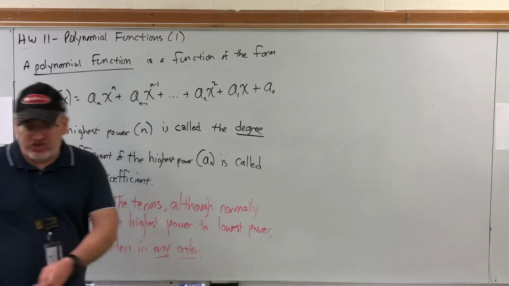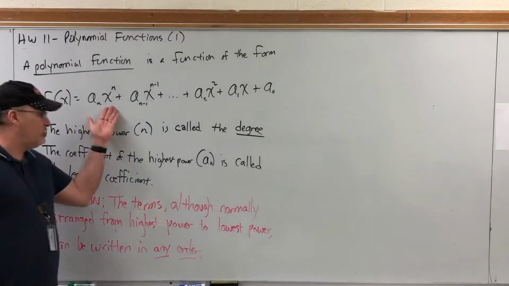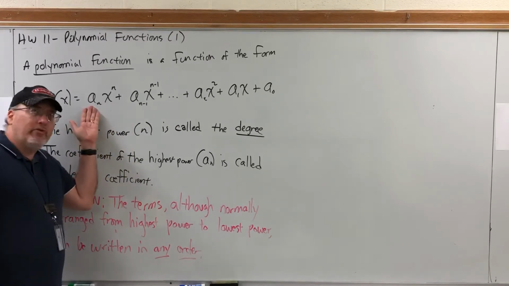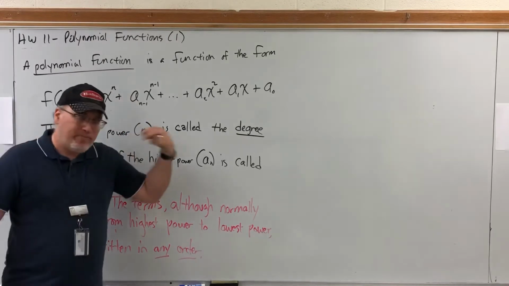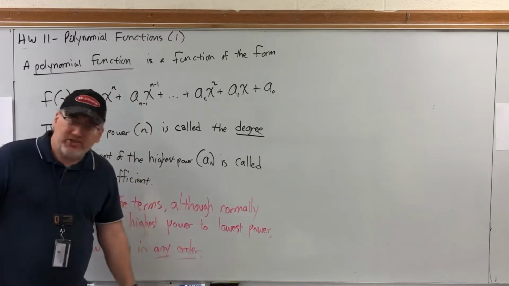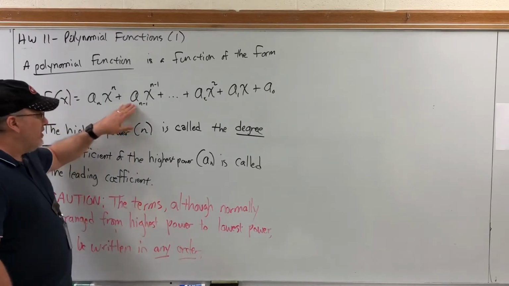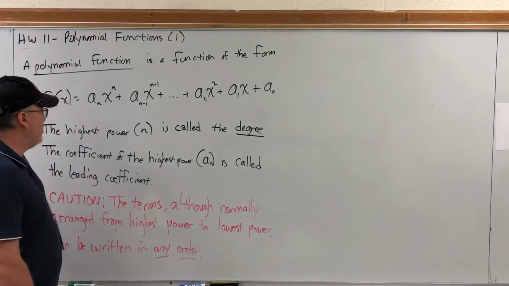It's just a way to generically say a polynomial function is a function that starts with some power, with some number in front of it, and as the powers go down, we pick up more and more terms, each of which have numbers in front of them. The numbers can be positive, the numbers can be negative. I keep saying numbers, I should say coefficients, so let's try that again.